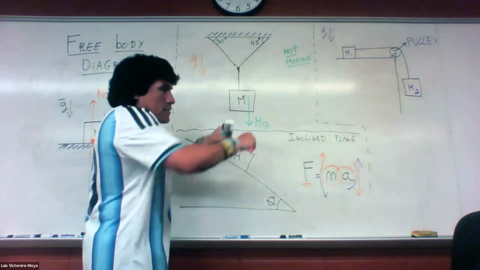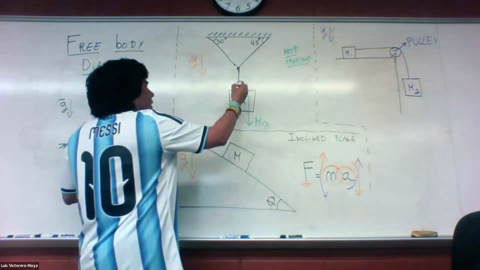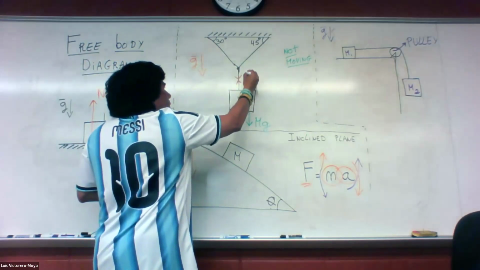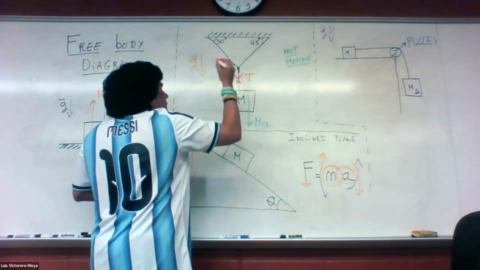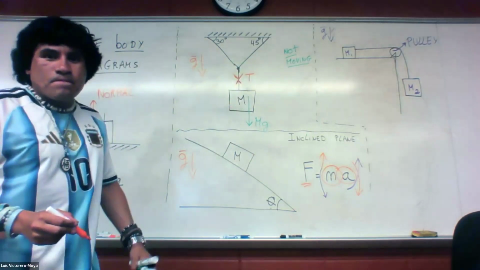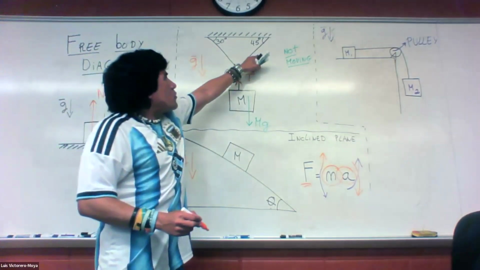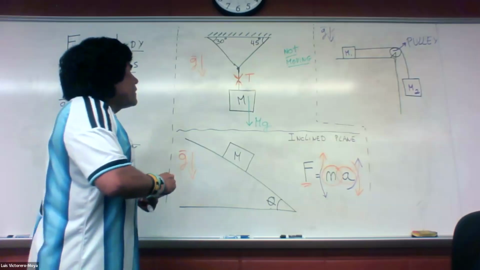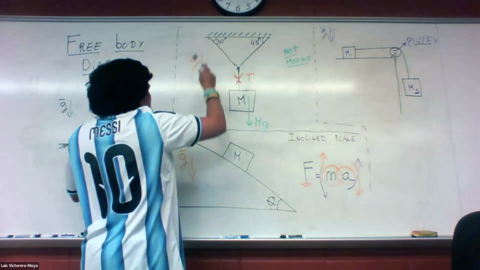How do you draw it? It's an extension, right? So you draw it like this. Tension. Like that. Okay. What about these ropes? There is also tension. But this rope is at an angle of 45, this rope is at an angle of 30.